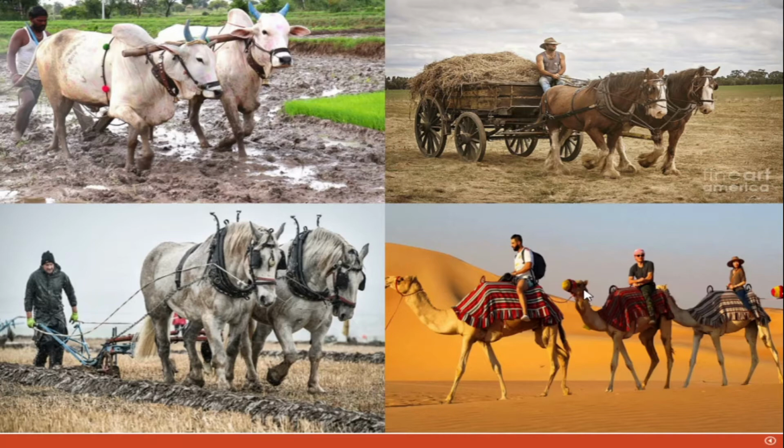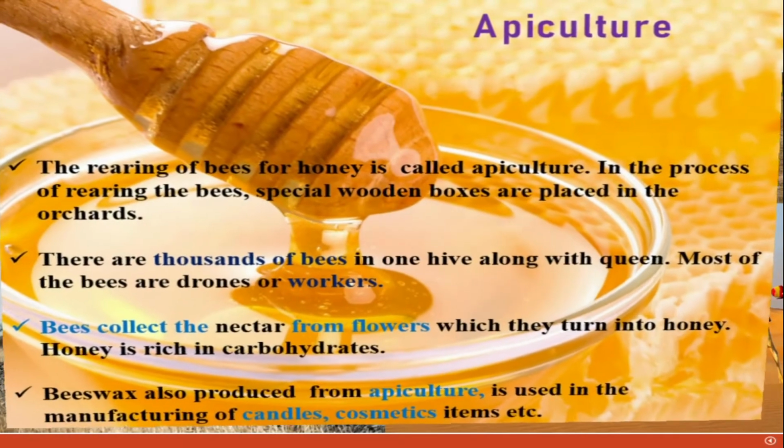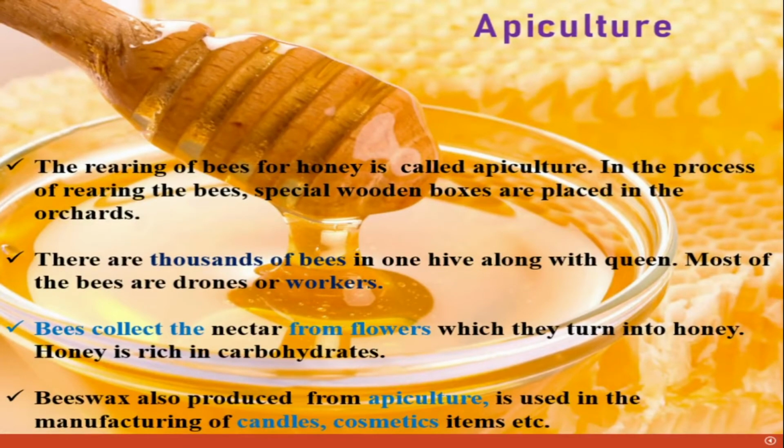Next, apiculture. What is apiculture? Rearing of bees for honey is called apiculture, or beekeeping. In this process, special wooden boxes are placed in the orchards.